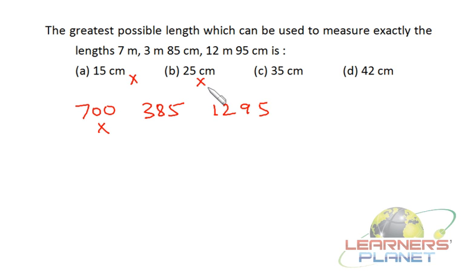So even it is not the correct choice. Similarly, 42 cannot be the correct choice since 385 and 1295 both of them are odd numbers and 42 is an even number. So it cannot be the correct choice. So we are left with 35. So that will be the correct answer. So we can do this problem even without paperwork.